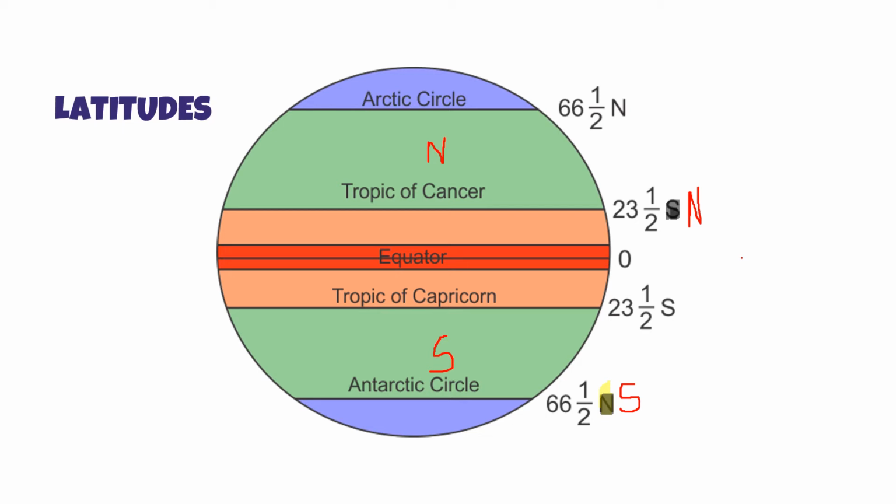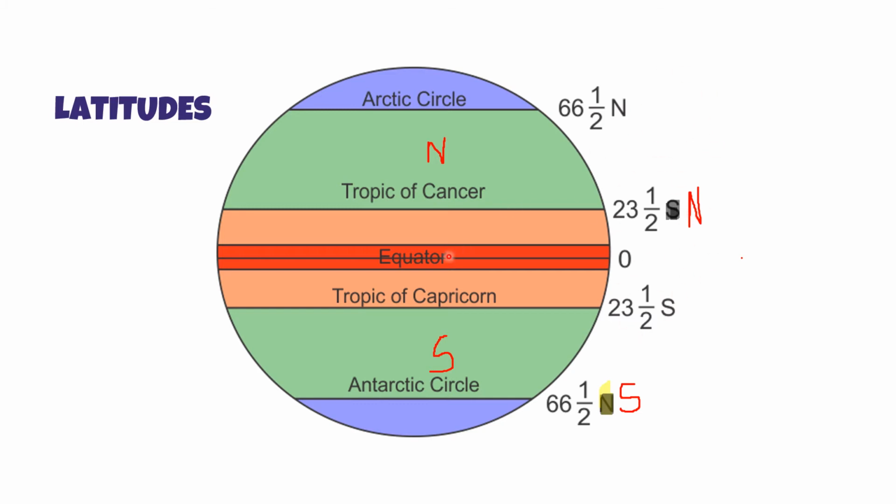Here, the Tropic of Cancer is measured as 23.5 degree north, and above the Tropic of Cancer you have an important latitude, the Arctic Circle, measured as 66.5 degree north. Here you have the Antarctic Circle, measured as 66.5 degree south. These are the degrees which denote the important lines of latitude.